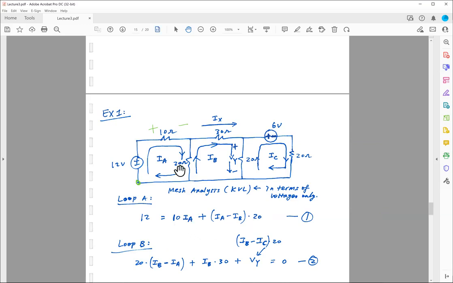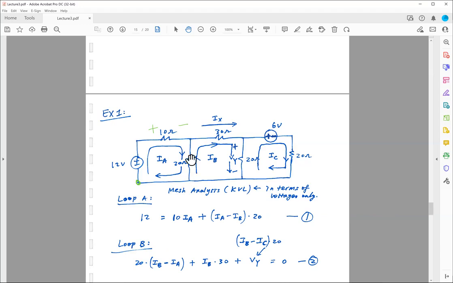So as far as this loop is concerned, I have used KVL with voltage rises and voltage drops to complete my analysis for the first equation. So again, voltage rise, voltage drop, and another voltage drop.